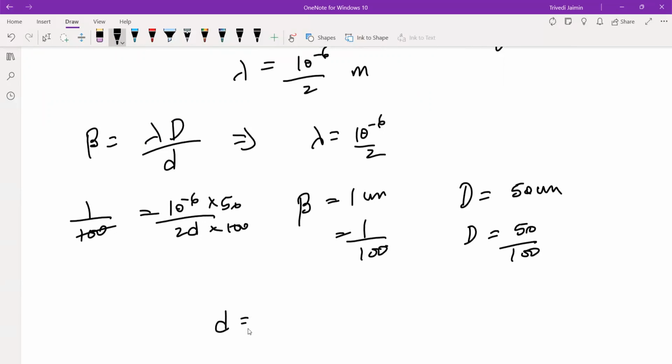So d equals, if I cancel all this, 25 micrometer.